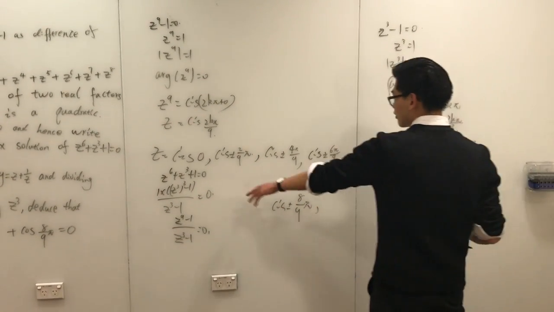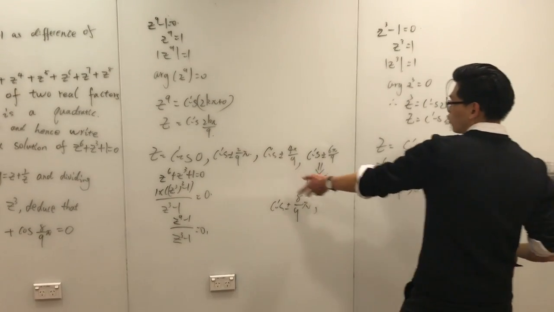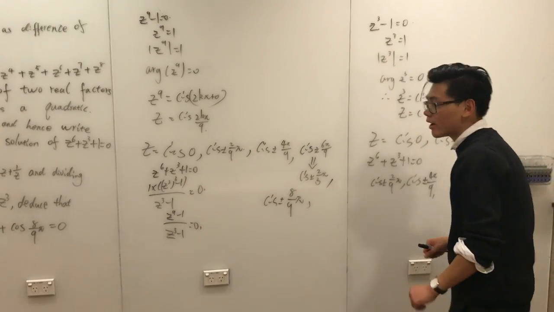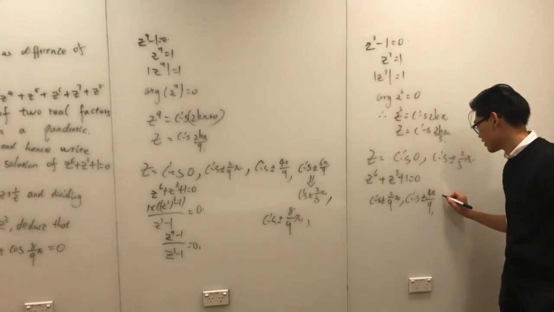Sorry guys, sorry for that. We should have 9 roots, so we also have k equals plus or minus 4. We got 8π/9, so we got 6 roots here.